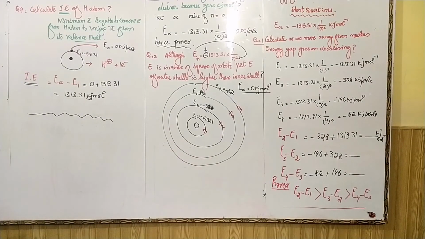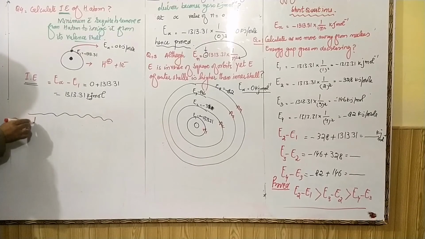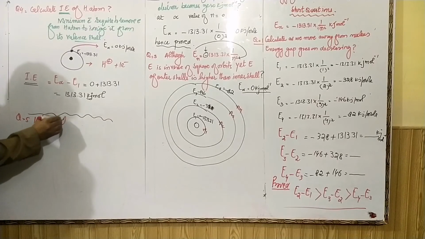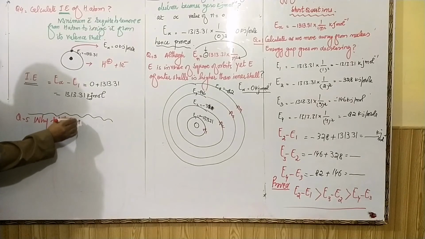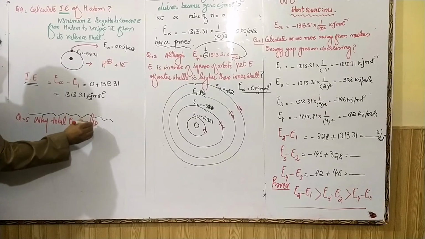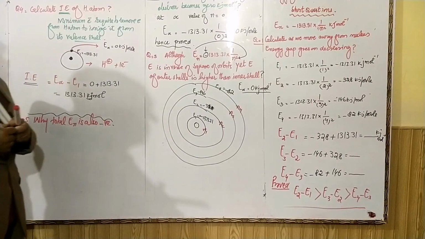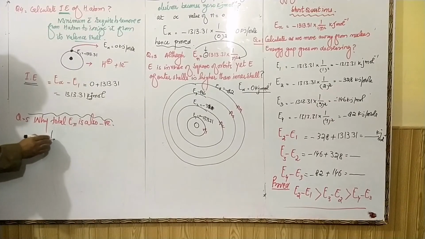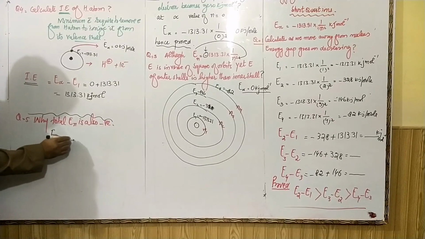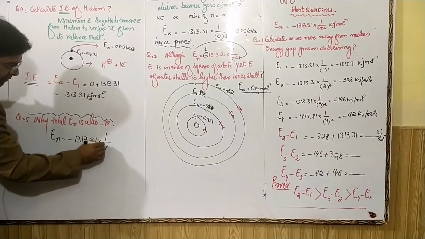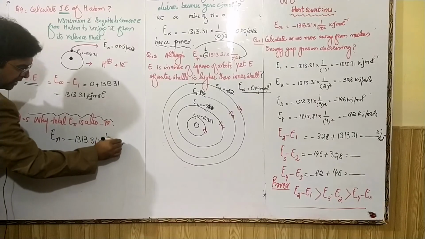These are the short questions, and the last question is why? Question number 5. Why total energy in nth shell is also negative? The energy of nth shell is minus 13.31 into 1 over n square kilojoule per mole.